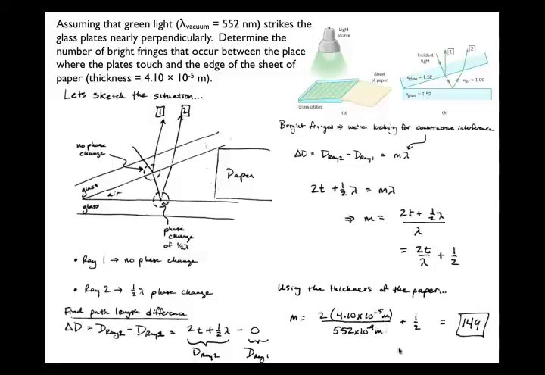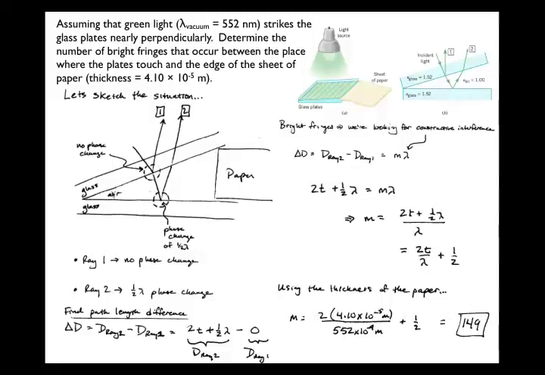And you divide by the light. Here we don't have to do any conversion because the difference happens within the air, and the index of refraction of air is 1, so the wavelength of the light in the air is going to be nearly equal to that in a vacuum. I find that m calculates out to be 149.